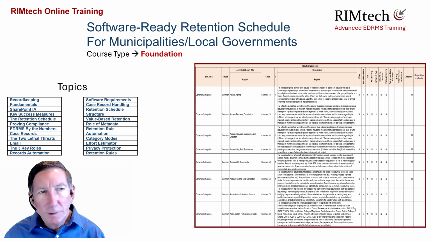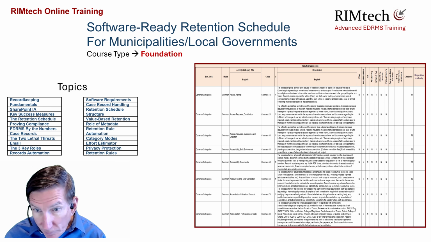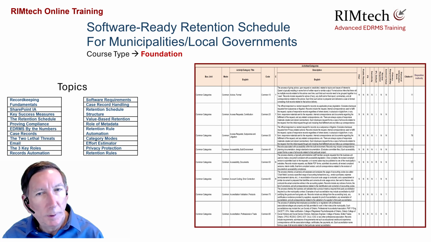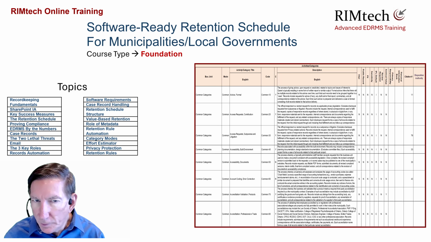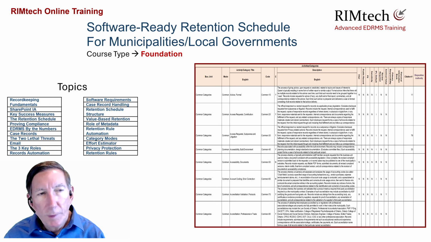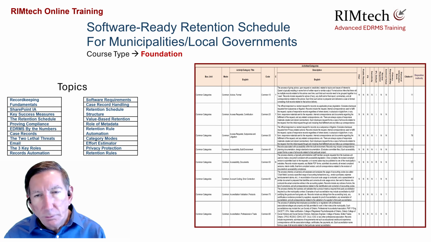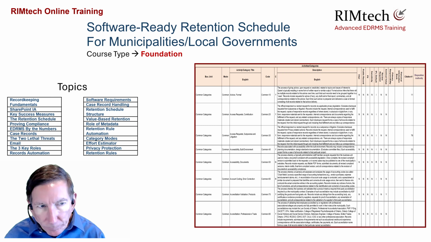So that means that the retention schedule now has to be machine readable, whereas your existing retention schedule is probably written by humans, I'm guessing, and probably intended to be read and interpreted by humans. That stops with an EDRMS. So the third reason is the retention rules themselves have to be software actionable. Okay? The software has to be able to read these rules and act on them. So those are the 3 reasons why you need to restructure it.